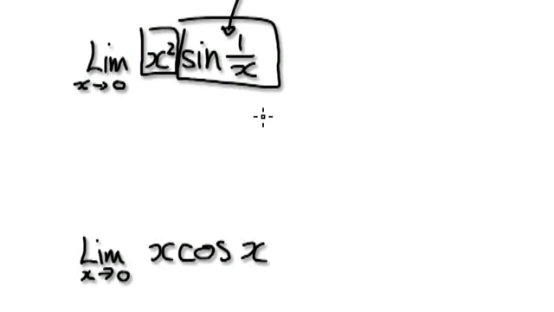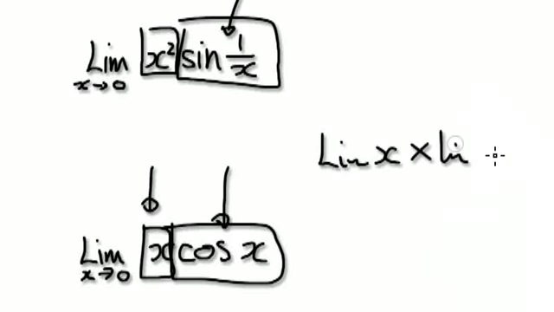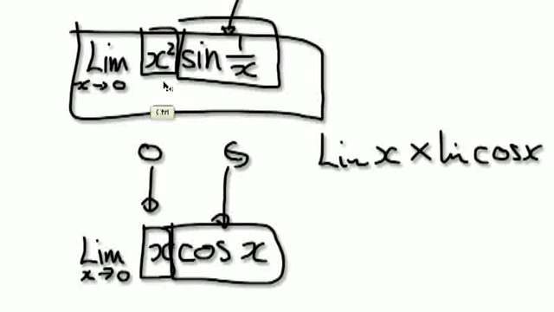Whereas this one here, the one that I gave you, you can actually break into it because the limit of this exists, and the limit of this exists. So you can just find the limit of x and find the limit of cosine of x. This here is okay because both limits exist. So you can do that. But in this case here, you can't.